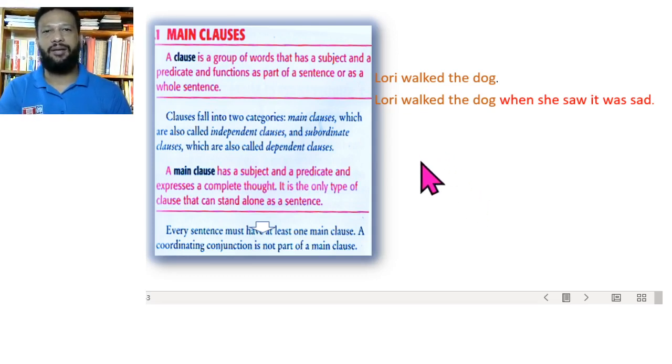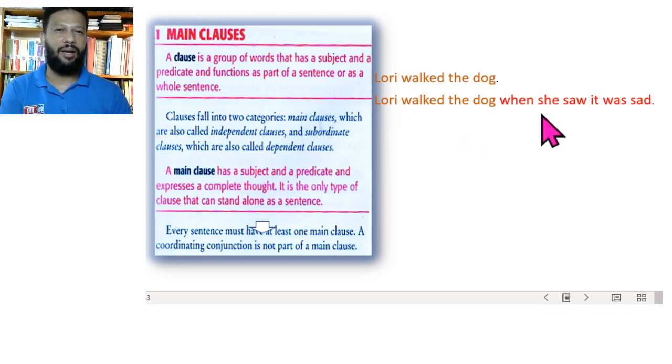Let's look at the second example. Laurie walked the dog when she saw it was sad. You see? The first clause, Laurie walked the dog, contains the subject and the predicate.